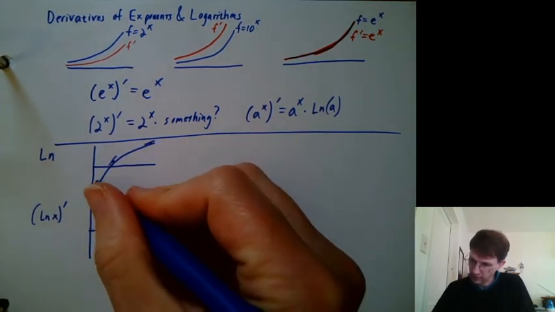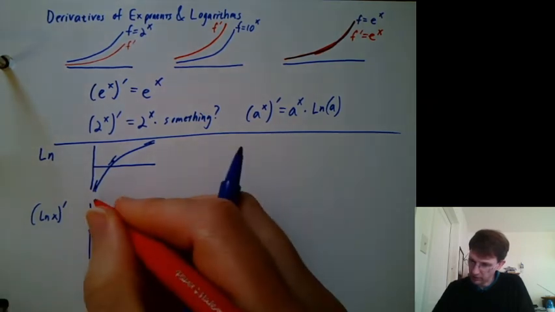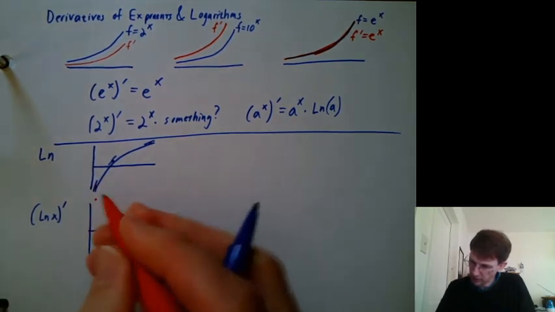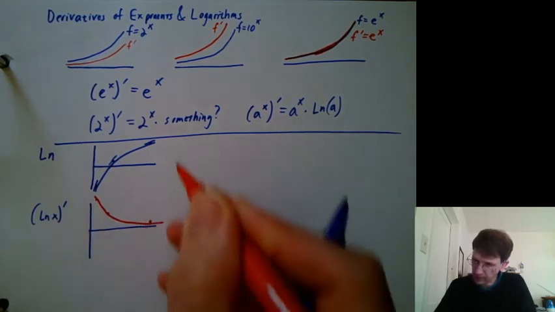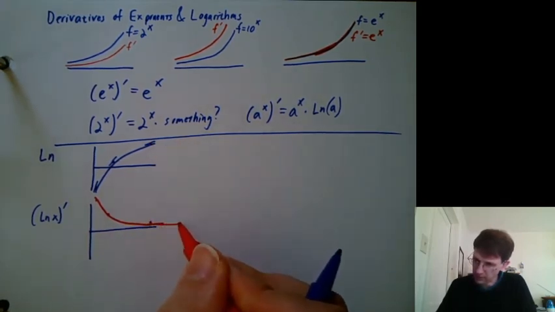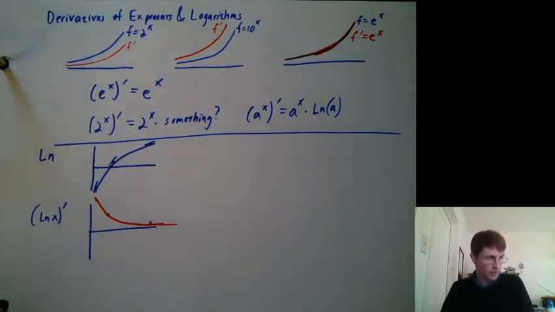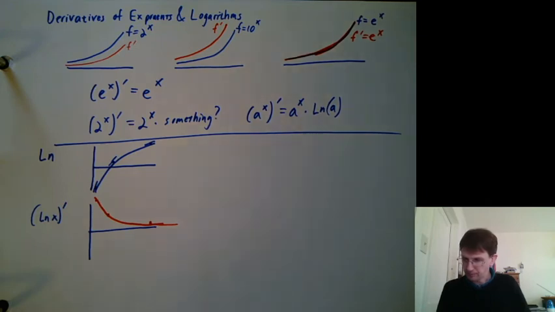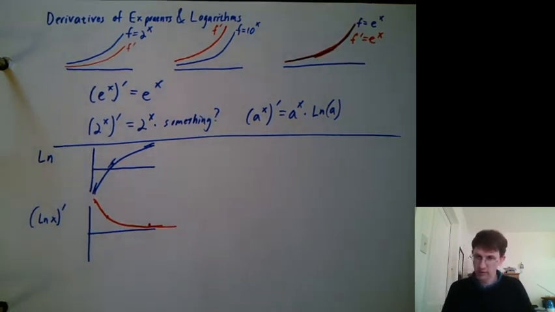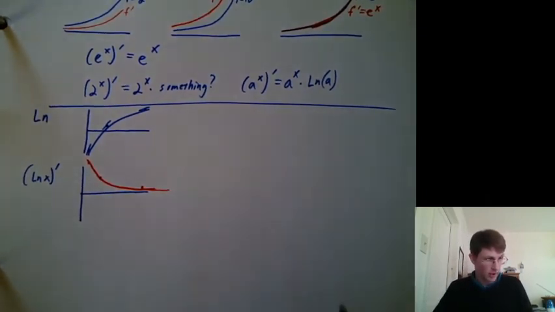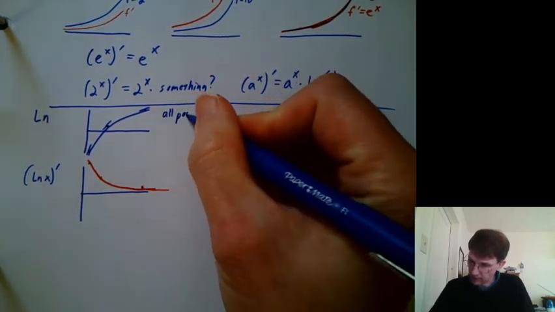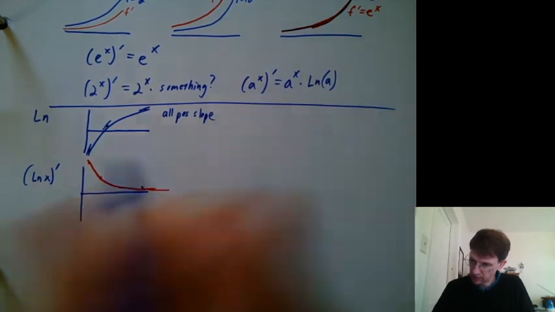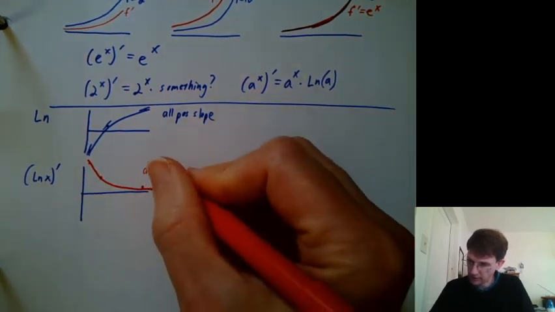And over here I have a positive and very strong slope. So I'm getting a curve kind of like that. And the slope is always positive, so this is going to tail off but never quite get to 0. So it has all positive slope, so here it has all positive values.